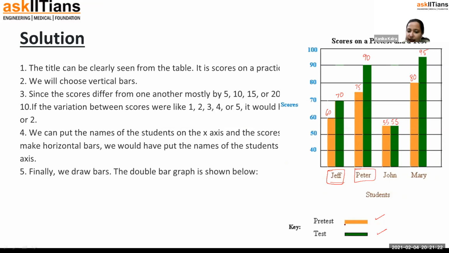In this case, they have taken orange color for the pre-test and green color for the final test. So you have to represent the key as well, so that it is easier to understand what the graph depicts. I hope this part is clear to you.